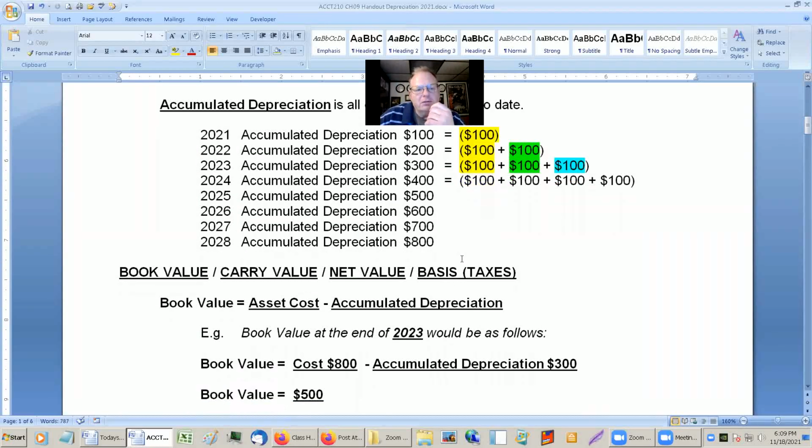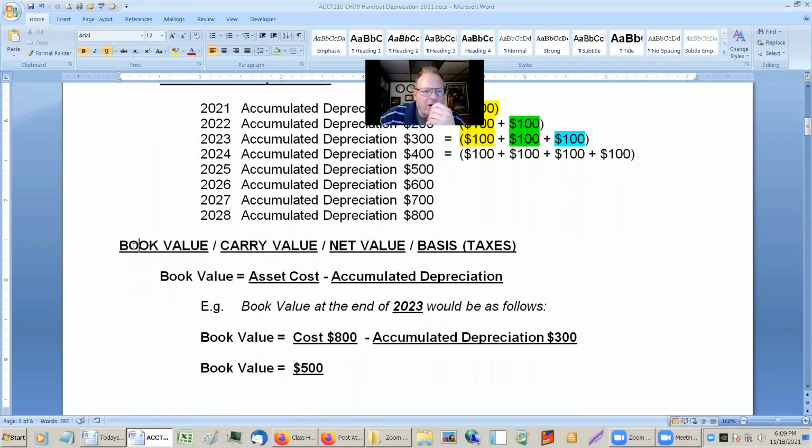All right. So book value, carrying value, net value, basis, that's a tax term. These all mean the same thing. It's what is this thing really worth? And it's the asset cost, whatever you paid for it, minus all the accumulated depreciation.